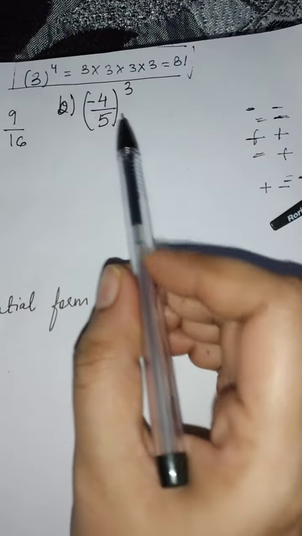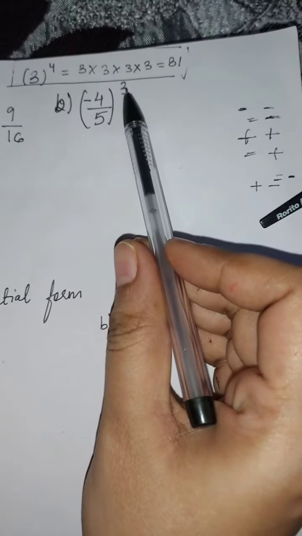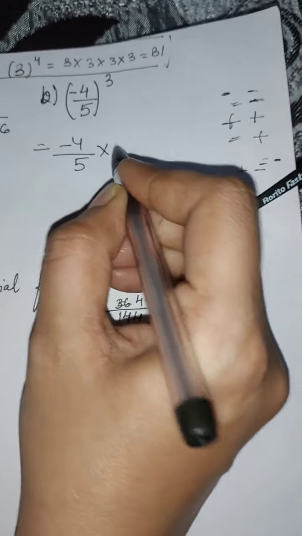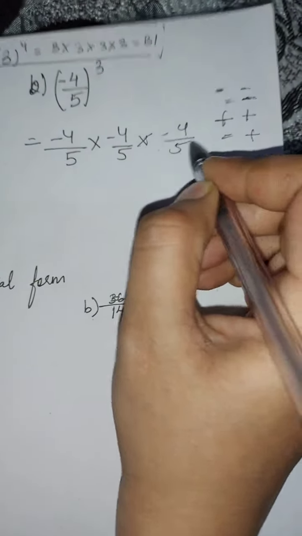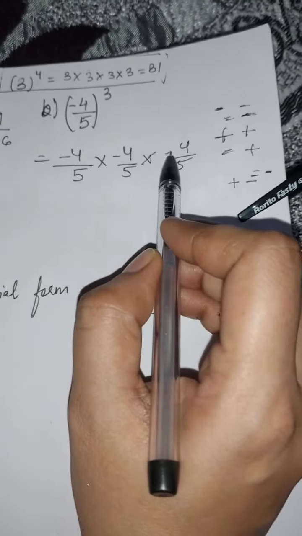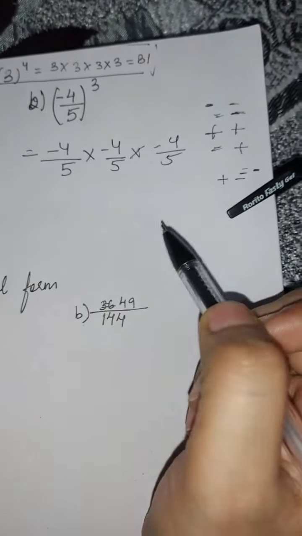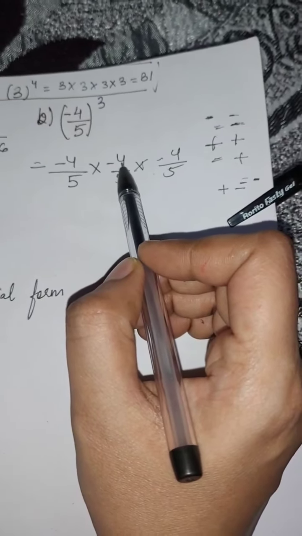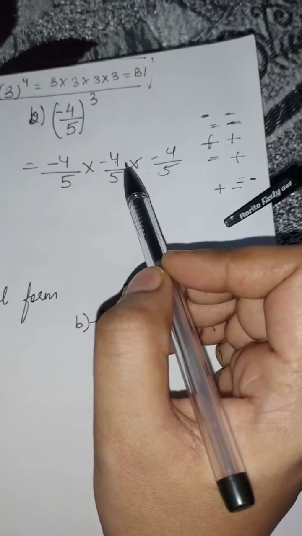Now suppose we have another question: -4/5 enclosed in a bracket with power 3. What will be the solution? -4/5 into -4/5 into -4/5. So 4 will be multiplied by itself 3 times on top and 3 times in the denominator also. We know 4 into 4 is 16, and 16 into 4 is 64.